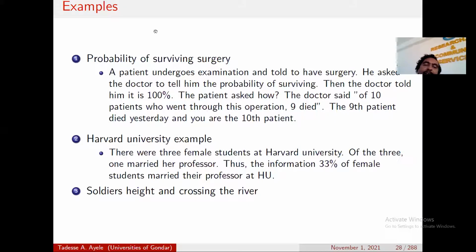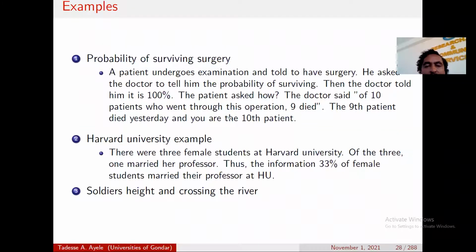So here are examples: a probability of surgery example and a Harvard University example. These are just theoretical examples. A patient undergoes examination and is told to have surgery. He asks the doctor to tell him the probability of surviving that surgery.